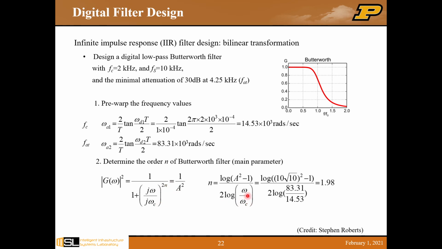By applying the condition that we want 30 dB, which corresponds to 10 times square root of 10 in the amplitude reduction, and then we apply the corresponding pre-warped analog frequency omega A2 and omega A1 for the cutoff frequency. Eventually, we can obtain that the minimum order of the Butterworth filter is 2.